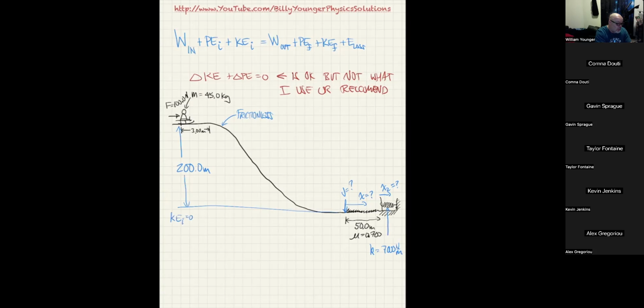I know that the work in, which is what the father's doing, is going to be 100.0 newtons times 3.00 meters plus 45.0 kilograms times 9.80 meters per second squared times 200 meters. Now, what term is that? Can anybody tell me?